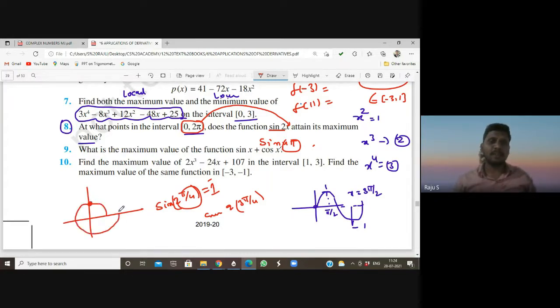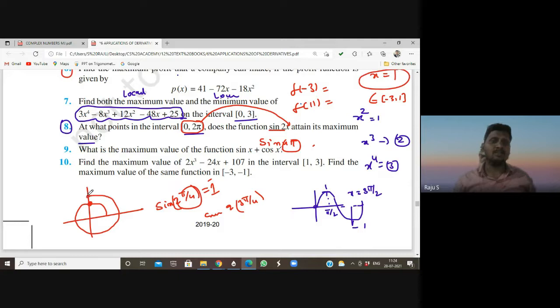After one complete rotation it comes here again, at 360 plus 90, that is 450.